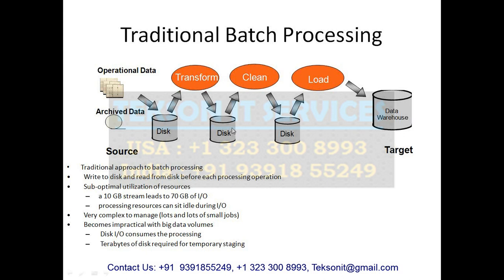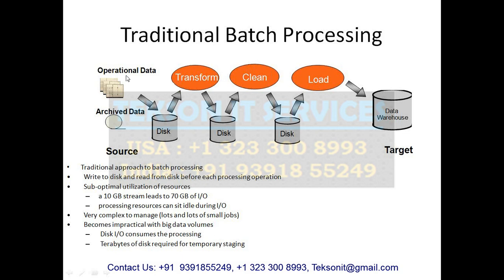As you see in this job, when no partitioning or pipelining parallelism was present, during traditional batch processing, every time we processed the data, we needed to store the data on a disk. Let's say we extract the data from a flat file, then we store it on a disk, then fetch from the disk and load it to transform, then store on a disk, then we clean and load it to a disk.